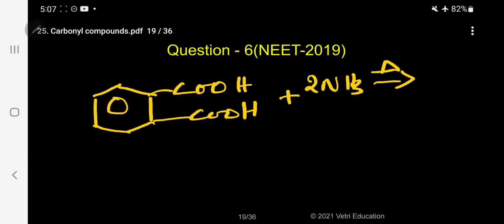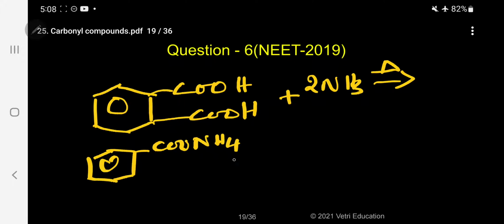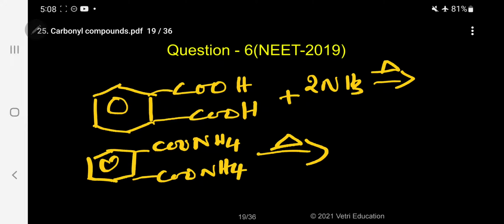If you go for the mechanism, this will first add there, producing ammonium salt. This is an acid base reaction, forming the ammonium salt of phthalic acid. And on further action of heat, what will happen now? One molecule of ammonia is going out, and in another case, water is forming out.